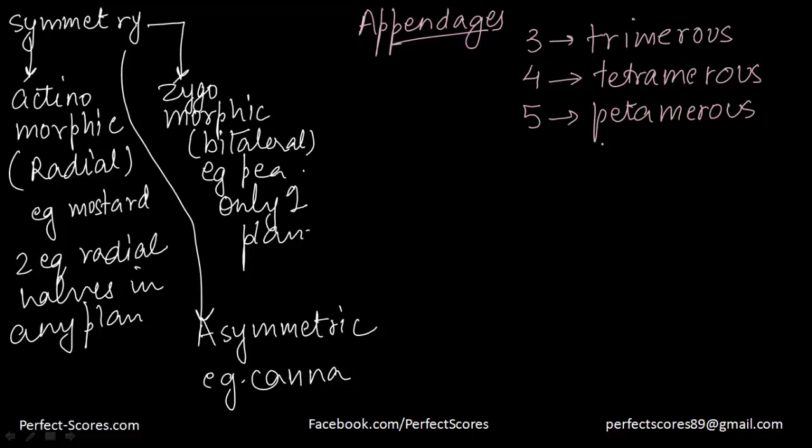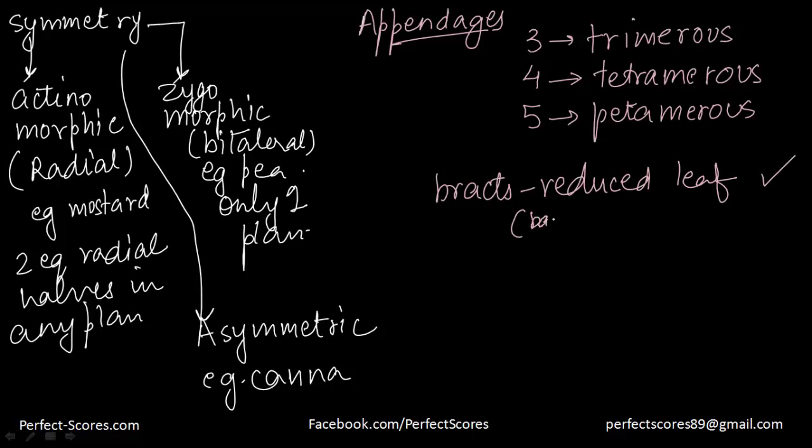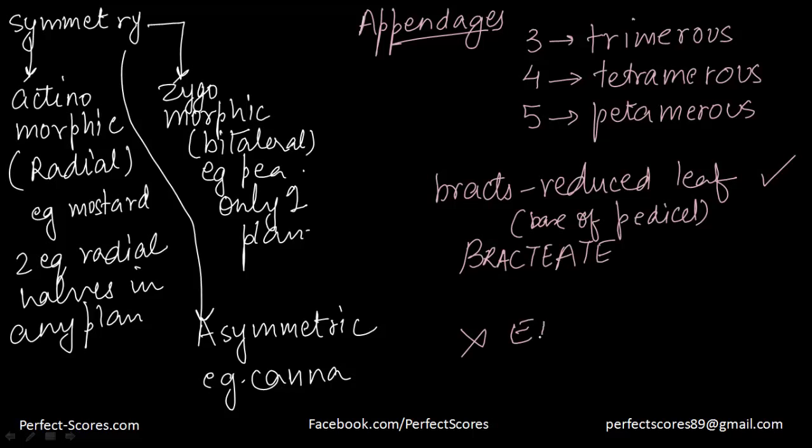The flowers with bracts, reduced leaf found at the base of the pedicel, are called bracteate. If bracts are found at the base of the pedicel, it's called bracteate. And if not present, it's called ebracteate.